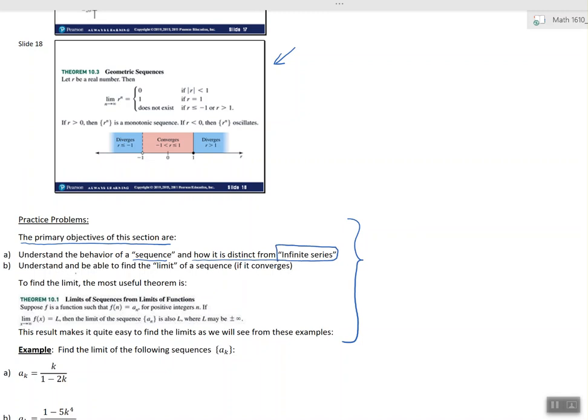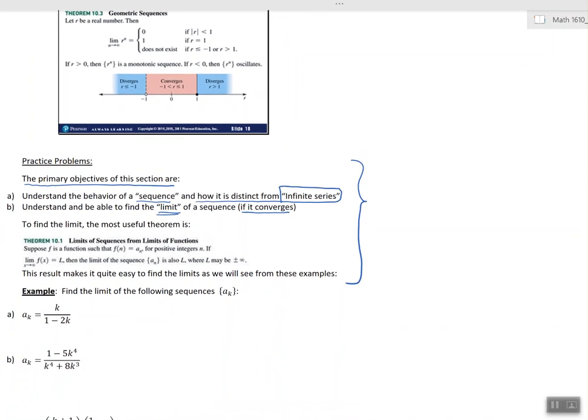And then we have to understand and be able to find the limit of a sequence, obviously if it converges. If it does not, then it diverges. And to find the limit, the most useful theorem is this limits of function approach. So we'll continue with these examples in the next class.